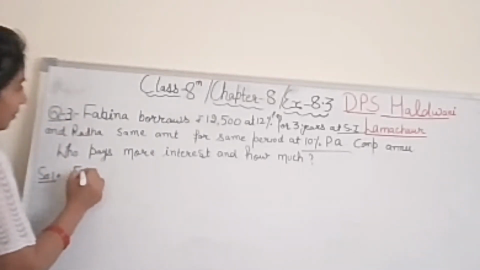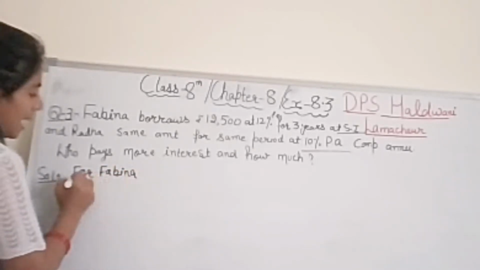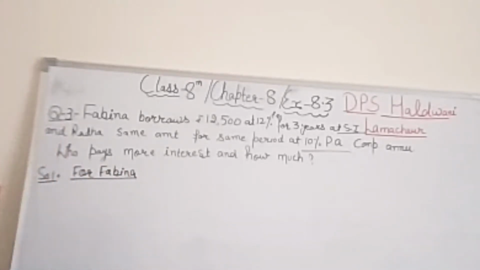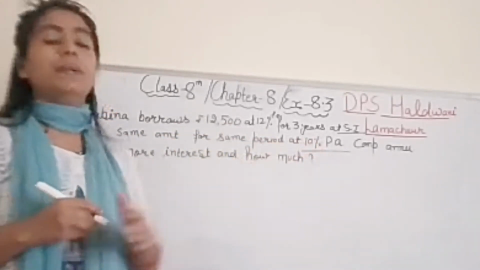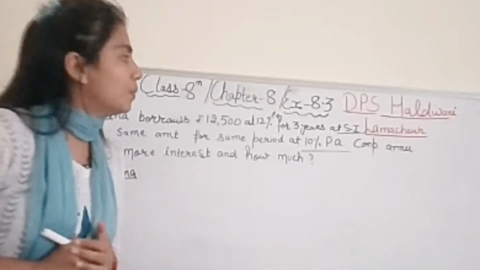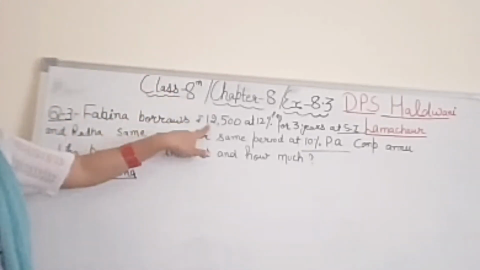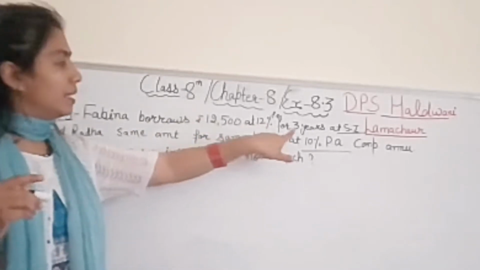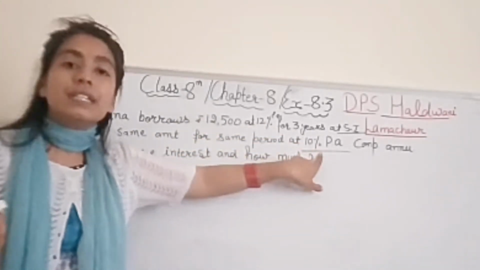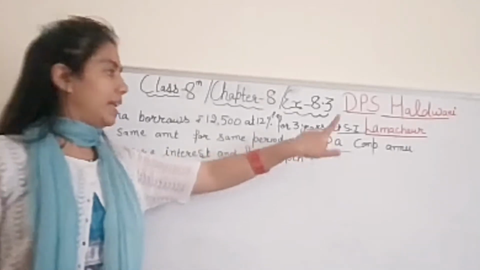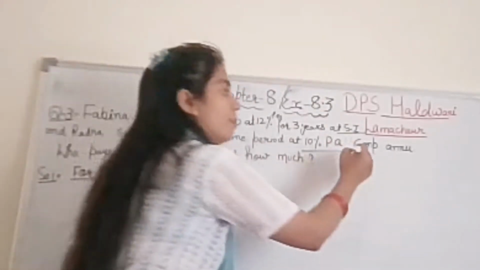So, for Fabina, right? Now, the next line is, and Radha, same amount for same period at 10% per annum compounded annually. It means Radha also borrows some money for the same time, 3 years, but the interest is at 10% per annum, and that is compounded annually.